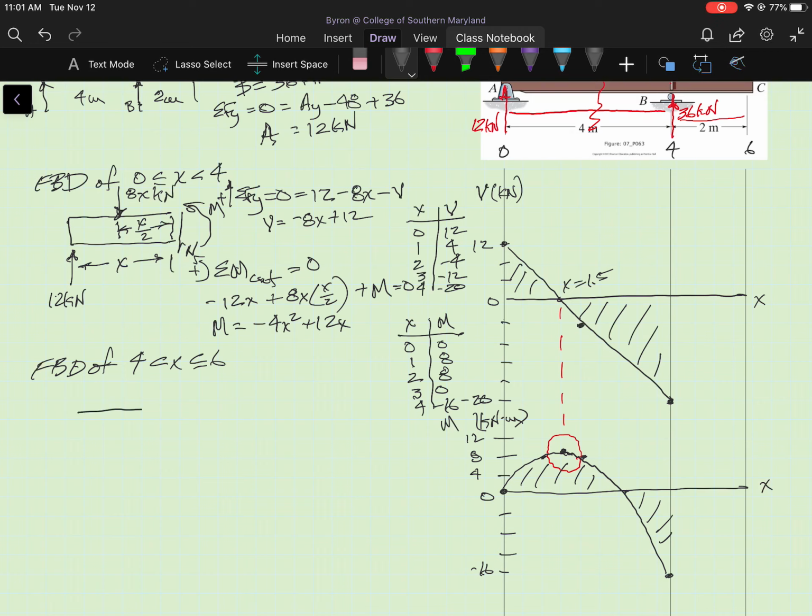Do that here. Okay. Again, working from the left, I'm always going to show the shear acting downwards, and the moment acting counterclockwise.